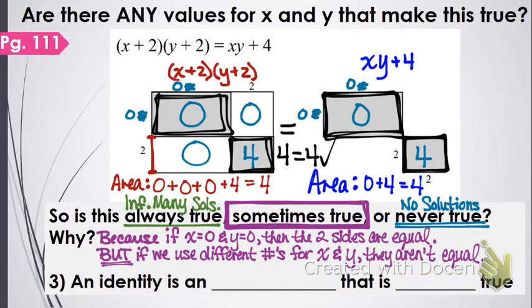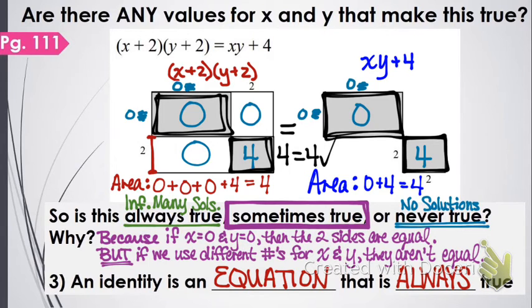An identity is an equation that is always true. Do you guys remember the other day how we were working with the properties of algebra to try to make one equation look just like another one?